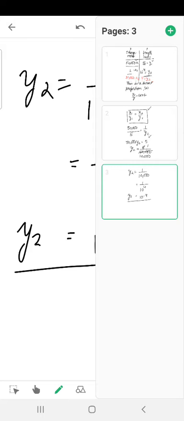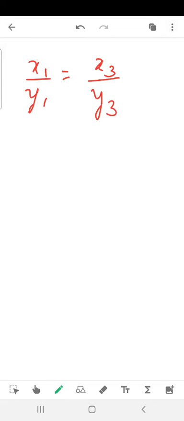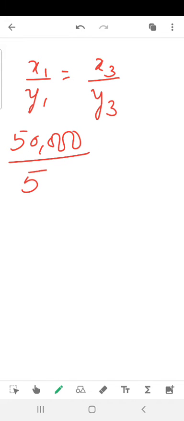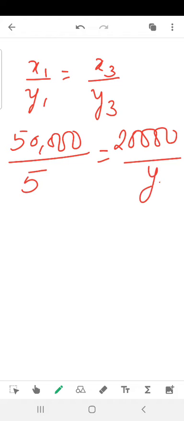So x1 upon y1 is equal to x3 upon y3. Again, you know x1 is 50,000, y1 is 5, x3 is 20,000, and y3 you don't know. Now cross multiply it.